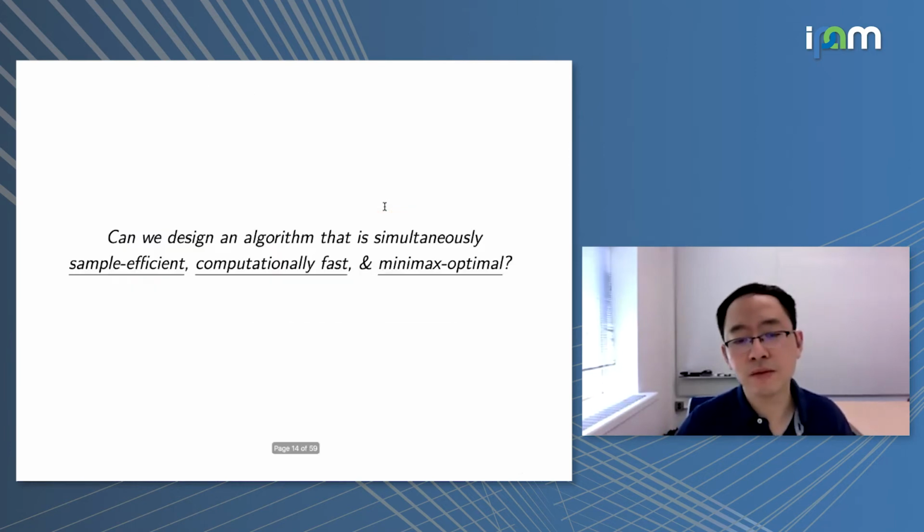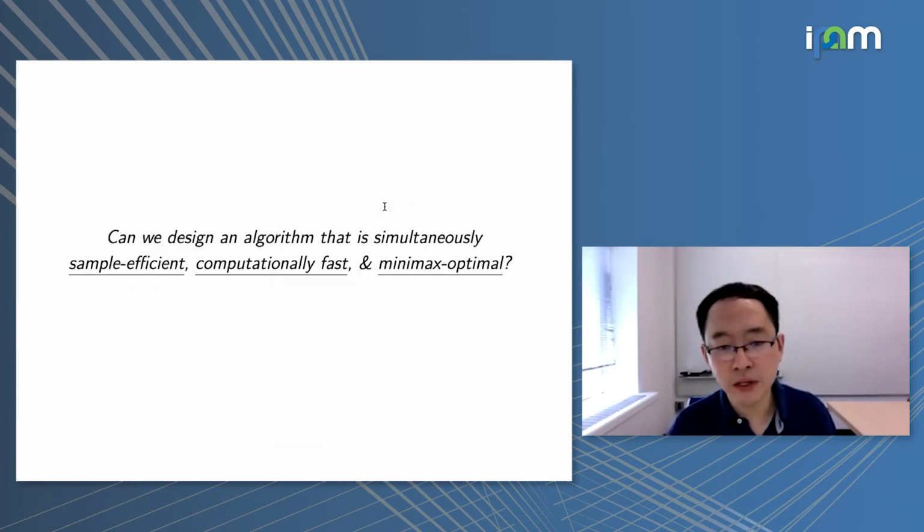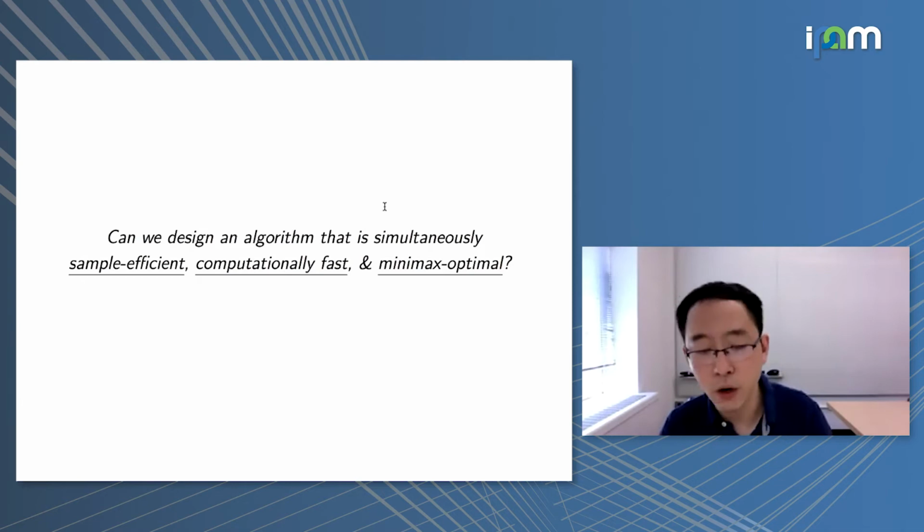So all of this motivates the following question, which we'd like to address today: can we hope to design an algorithm that simultaneously achieves sample efficiency, computational efficiency, and statistical accuracy? We are trying to see whether we can achieve all of these at once.